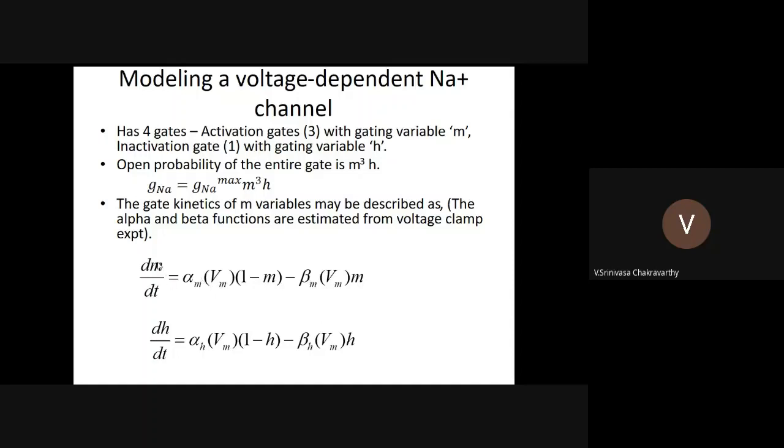So for the gating variable m, it is alpha m, the rate constant, which is a function of membrane voltage Vm, times 1 minus m, minus beta m, which is a function of Vm, times m. Similarly, for the h gating variable for the inactivation gate, it is alpha h of Vm times 1 minus h, minus beta h of Vm times h.